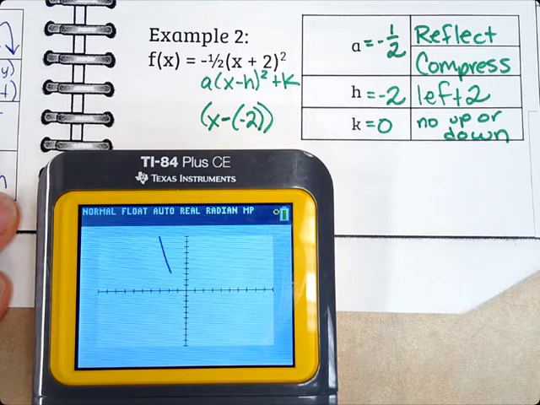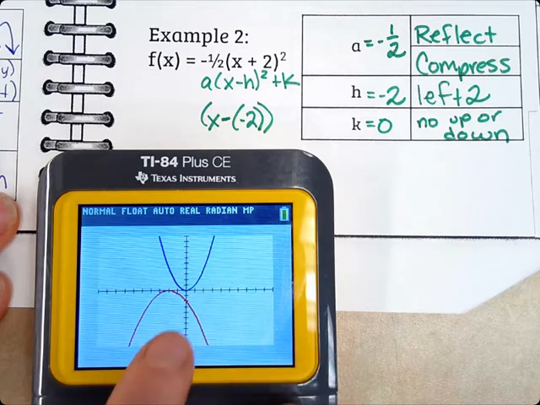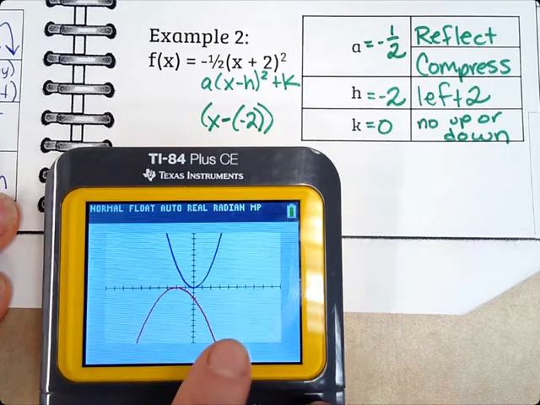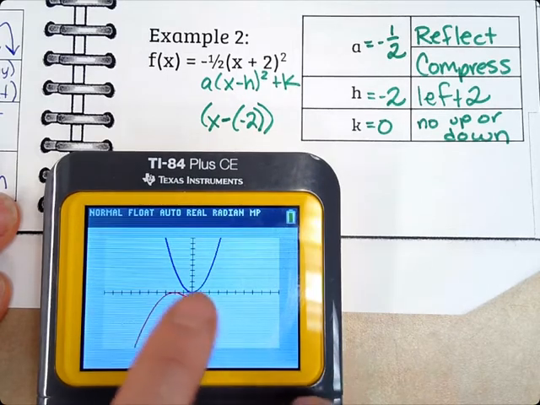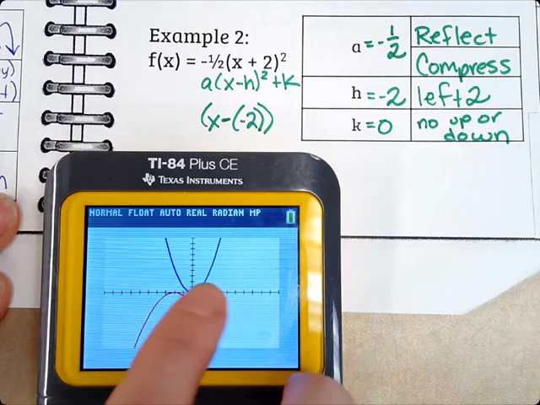And let's see if we did the right thing. So that's our original. Is it a reflection? Yep. Is it compressed? Is it the same shape? It's not the same shape. It's more wide. See how wide it is compared to the other one? And then it did not move up or down. It stayed on the x-axis.